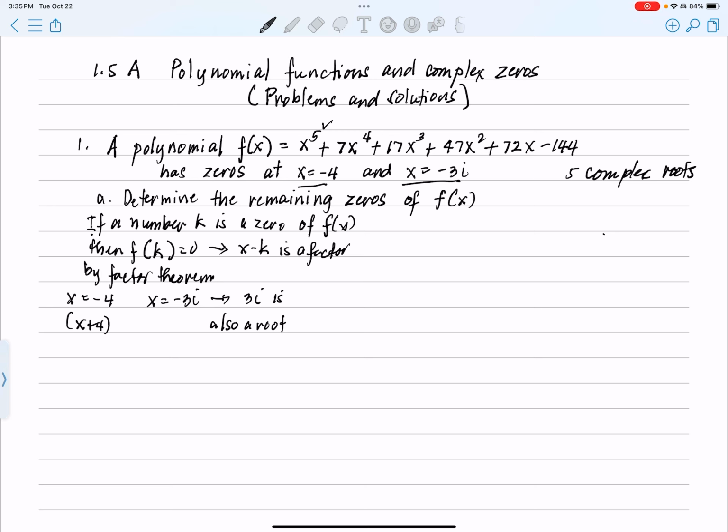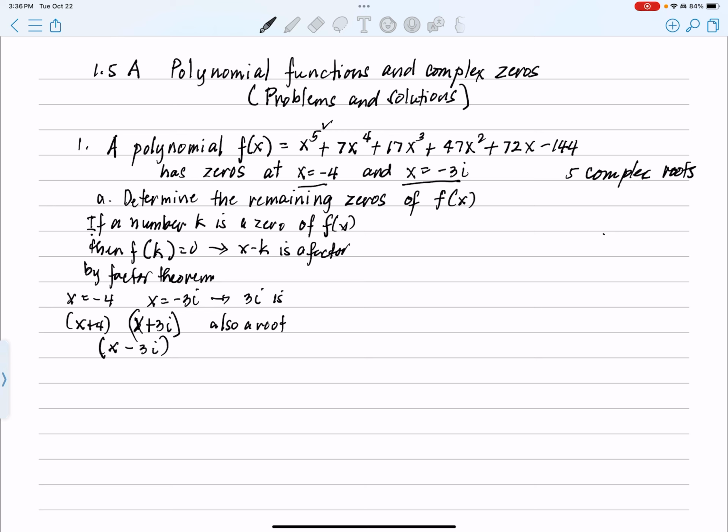So what we have is x plus 3i, that's one factor, and we have another factor, x minus 3i. Okay, we found that one already. So what we need are 2 more factors.